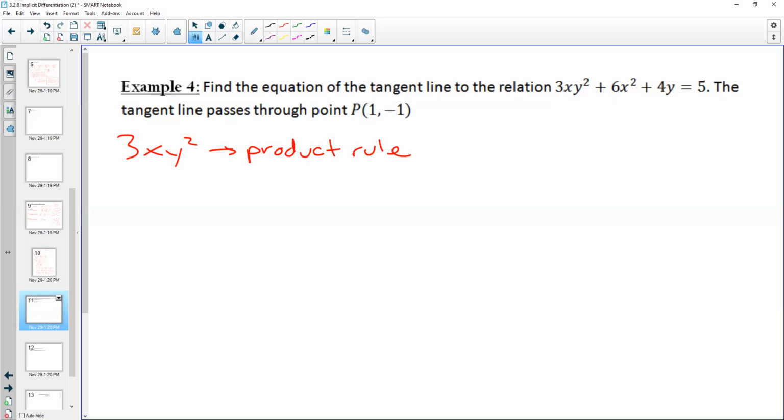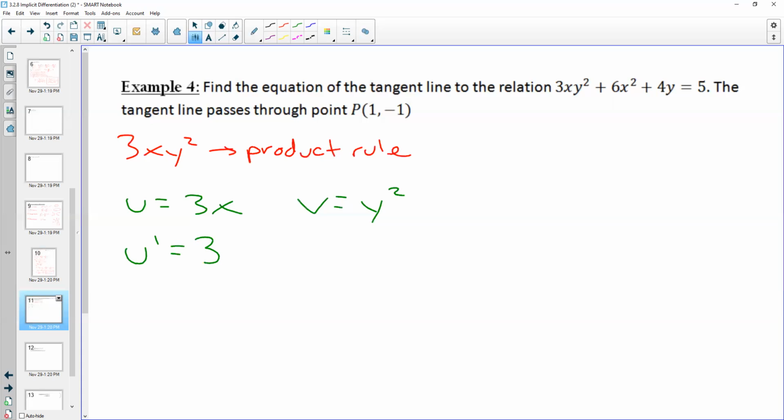So we will let u be 3x and v will be y squared. If we find u prime, that will just be 3.